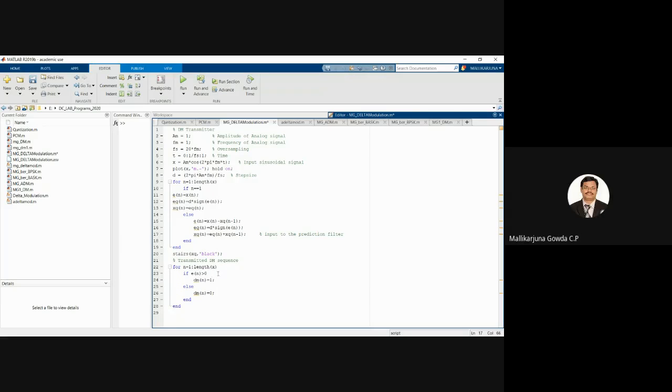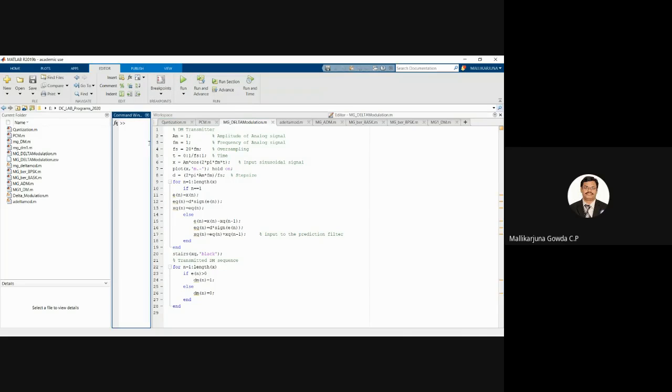Yes, sir, clear. Now, after saving, if you want to add, you can add some more lines for saying legend. Those things I have not done. When you run this code, you will be able to see the output of the analog signal as well as the staircase signal. Are you able to see?